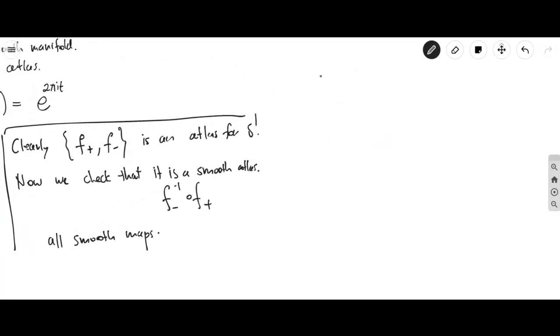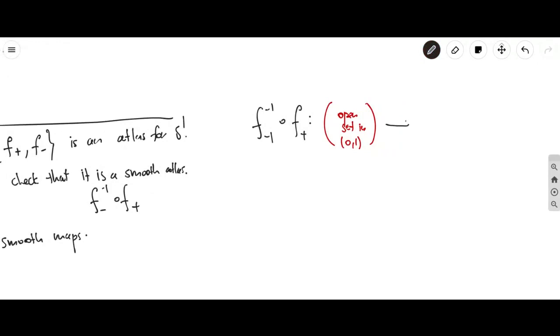So we have to figure out what F minus inverse composed with F plus is. This is going to map an open set in (0,1) to another open set in (0,1).